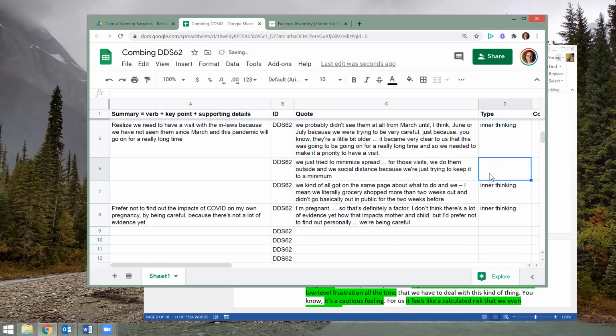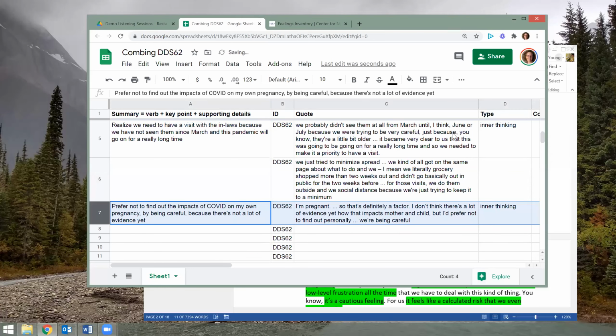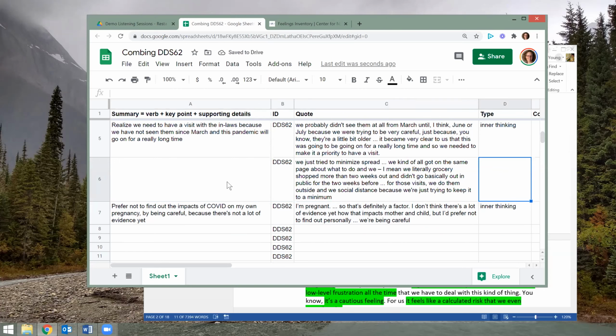Okay. So I'm going to undo what I just did, because without the rest of that, it is just explanation. Here, it can be inner thinking, like minimize maybe. Yeah, minimize the chance.